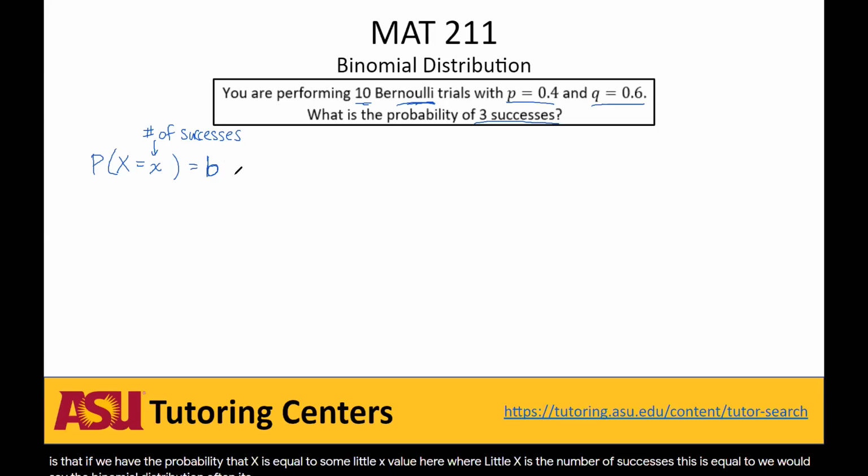Often it's represented with a little or big B, or sometimes by writing out binom. It just depends on who's doing the notation, but we'll go with a little b this time.